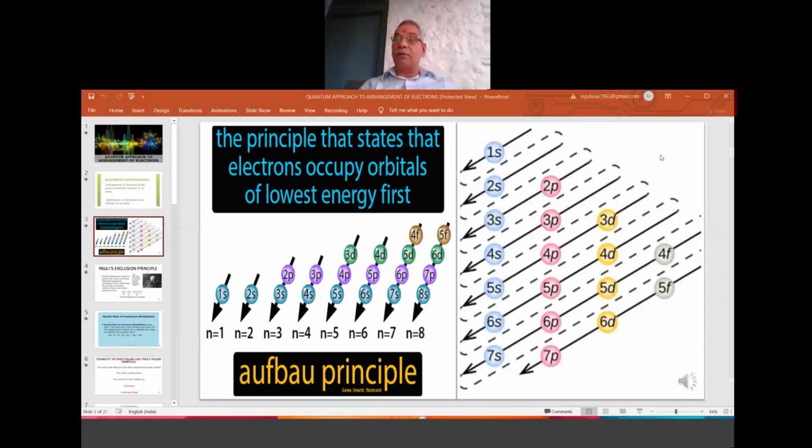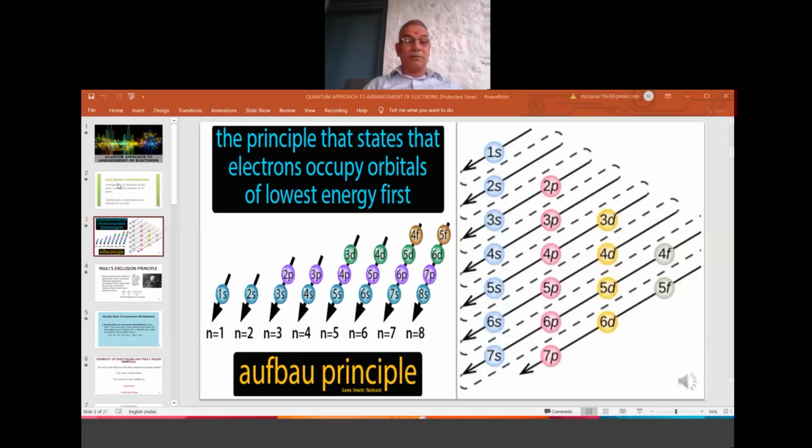That is very important. So this is our Aufbau principle, which is a tool to write electronic configuration, which takes care of every aspect of a quantum mechanical model.